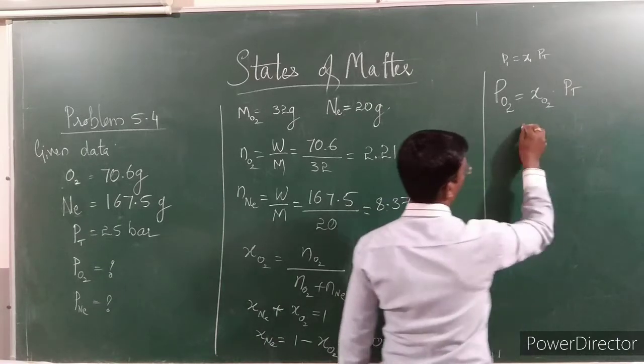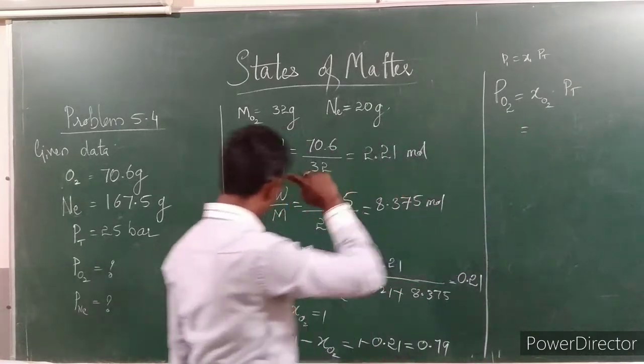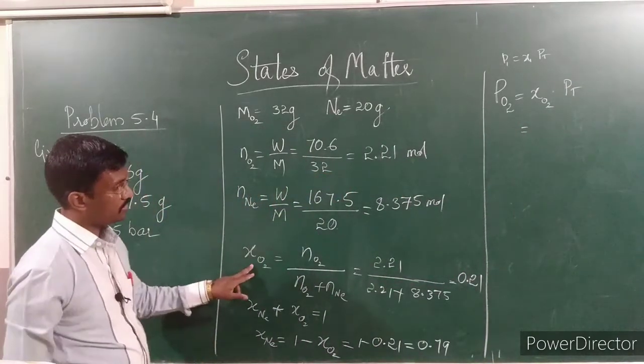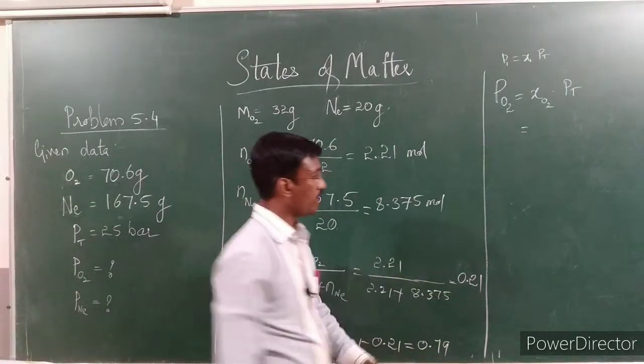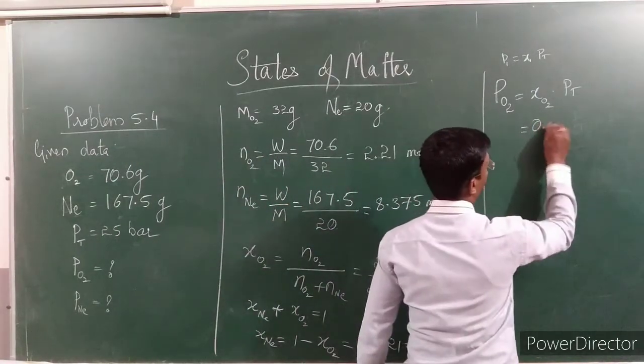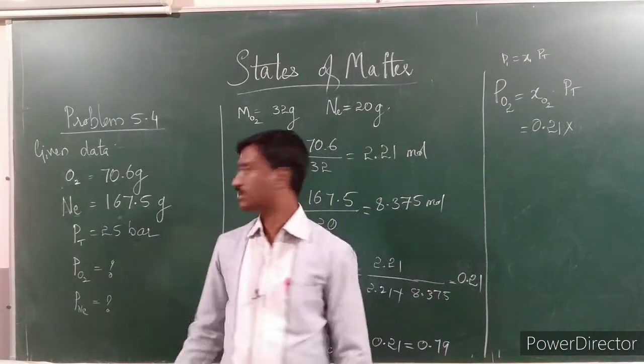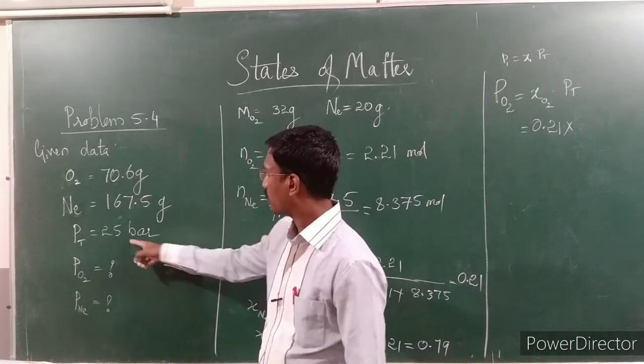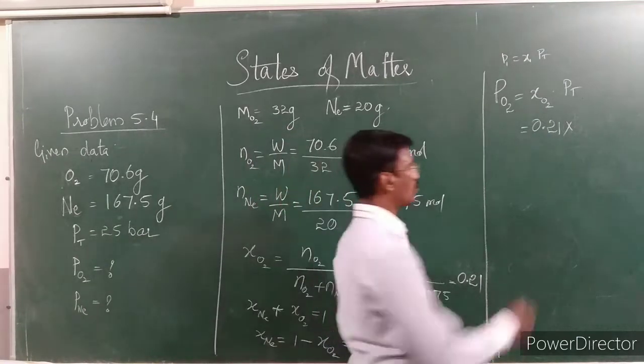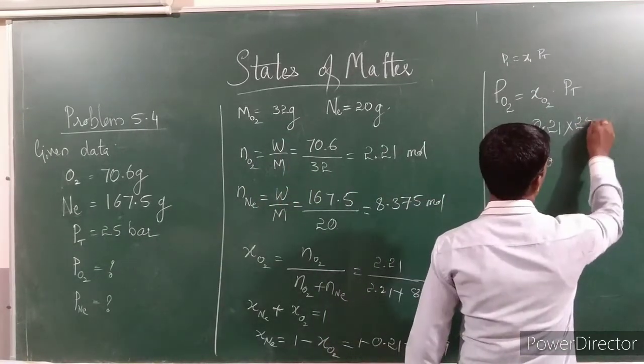The mole fraction of oxygen is 0.21, into the total pressure. The total pressure they have given is 25 bar.